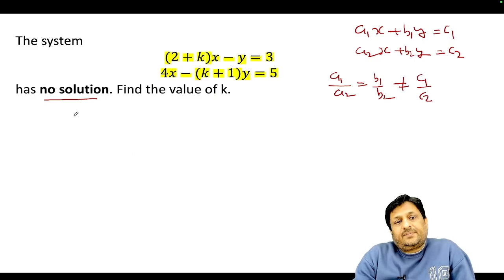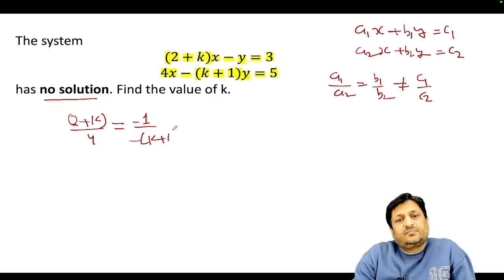So let's see. So 2 plus k divided by 4 must be equal to minus 1 divided by minus of k plus 1, isn't it? Now, which further should not be equal to 3 by 5, but let's find the value of k from here. So if I cross multiply it, I will get 2 plus k.